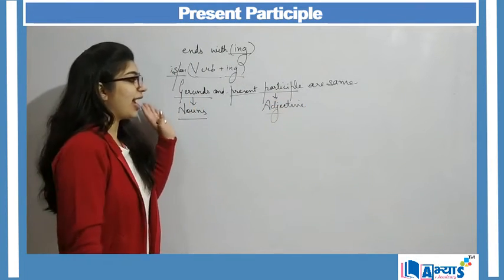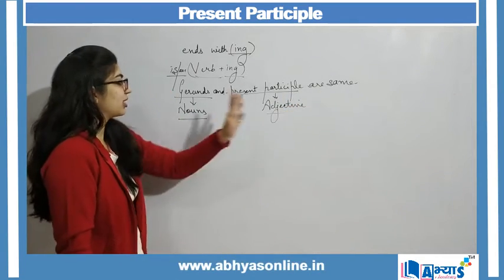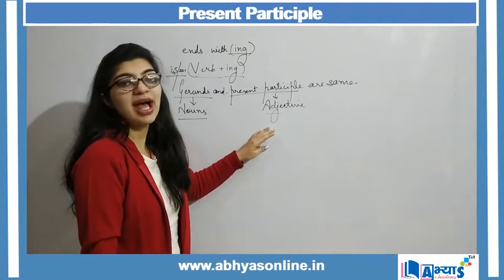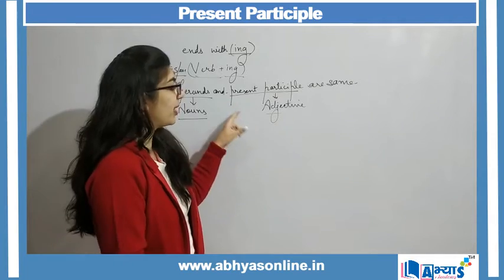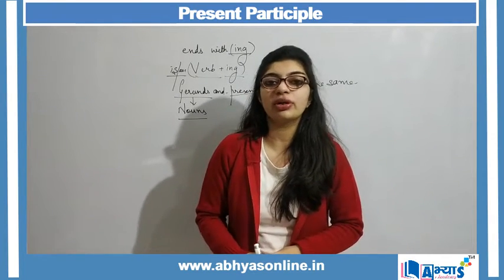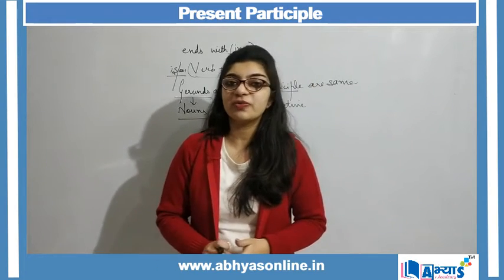So they actually are same, gerunds and participles, but the difference is that gerunds act as noun and present participle act as adjectives. Now present participle can act in different ways depending upon the usage of word in the sentence or the formation of sentence.